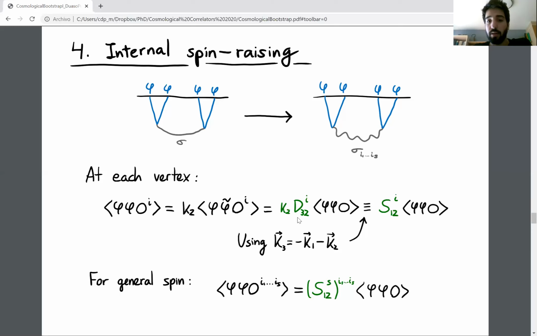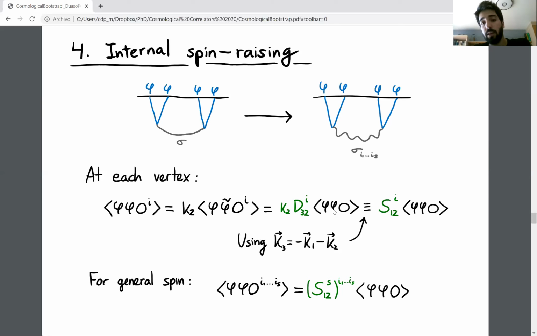And using the weight shifting operators that I described, we can relate this to a 3-point function of just scalars. So, for example, here we have a 3-point function of the scalars, 2 conformally coupled scalars and another scalar that is related to the sigma. And then these weight shifting operators raise the spin of point 3, so of this O scalar, and lower the weight of point 2.